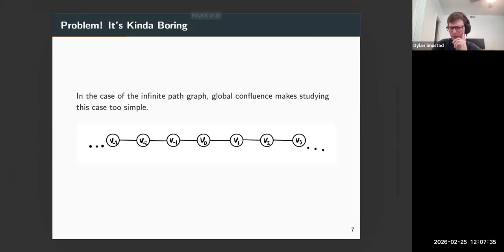The problem mathematically is that it's kind of boring to study what happens here, specifically if we look at the case where I just throw a bunch of chips on a specific vertex and see what happens. It turns out that if I throw a bunch of chips on vertex V naught here and then stabilize, if I start with an even number of chips, 2M, I'm going to get M chips on the left side and M chips on the right side, in very specific spots.